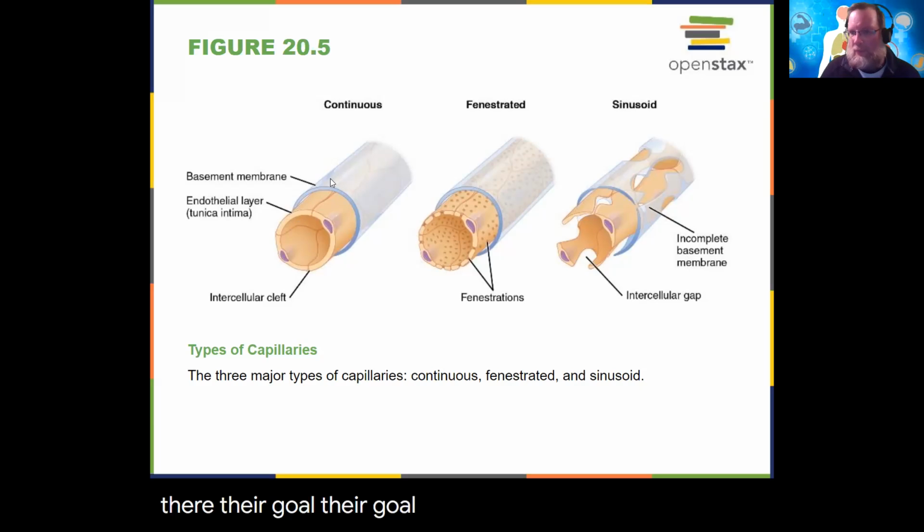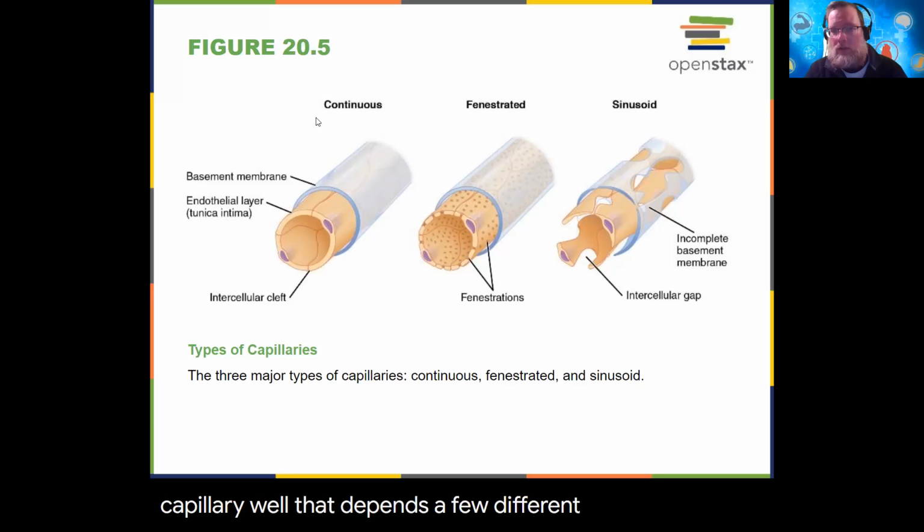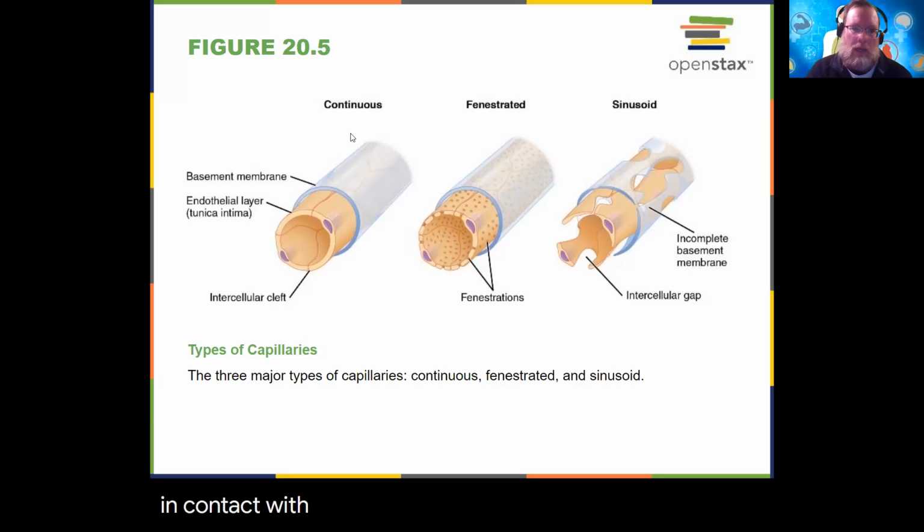Their goal is to have some sort of permeability. Now, how permeable is the capillary? Well, that depends on a few different factors. Part of it is its location. So we see what are called continuous capillaries, and notice we certainly have an epithelium, a lining that the blood is going to be in contact with.